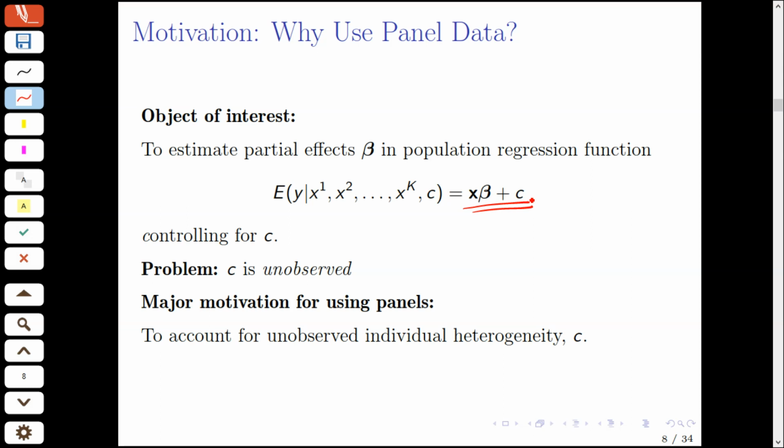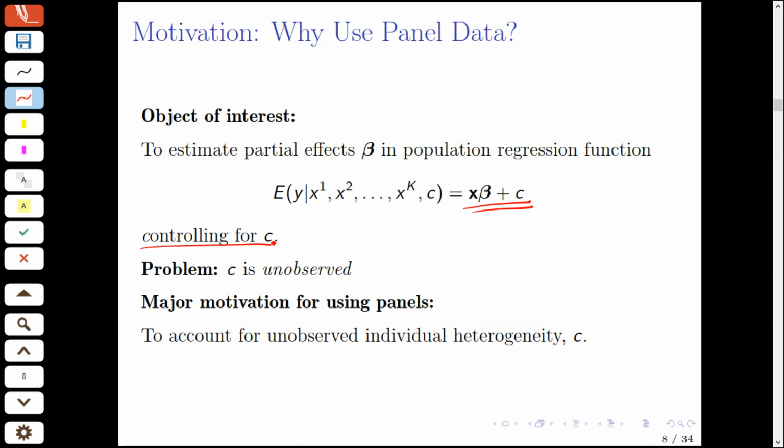Now suppose that we want to estimate these partial effects of a population regression function while controlling for some additional variable c. So here c connotes a control variable. But suppose now that this variable c is in fact unobserved.